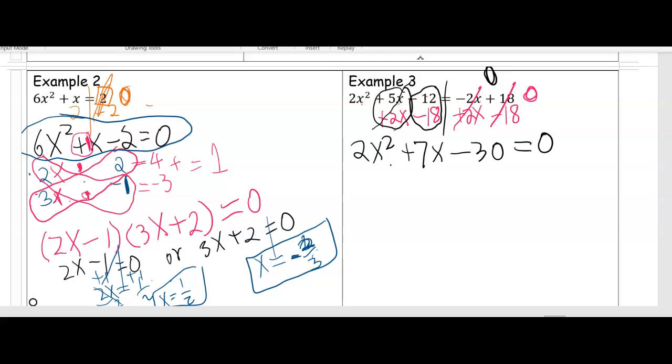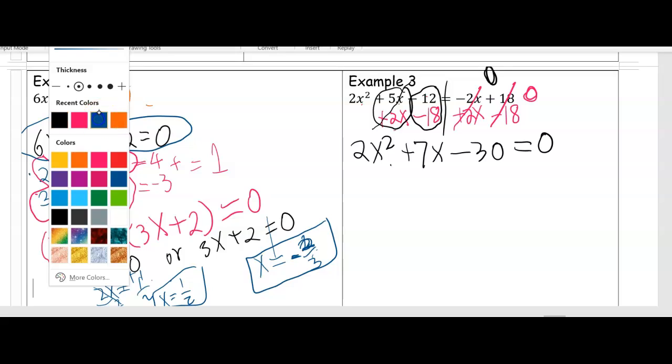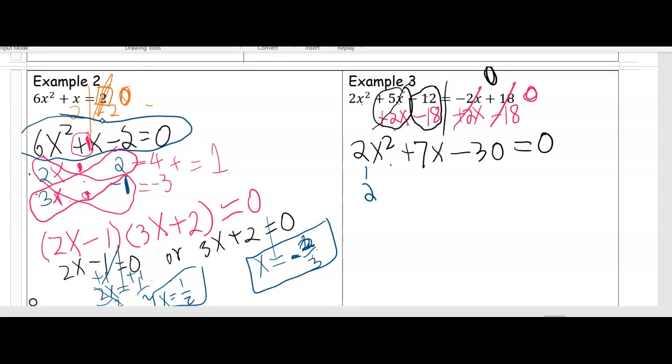Okay? And now you're going to do the butterfly to factor the trinomial on the left side. Okay? So 2 is 1 times 2, and that is the only choice. Right? Negative 30 can be 15 times 2, one positive, one negative, but it will not give you positive 7 in the middle.